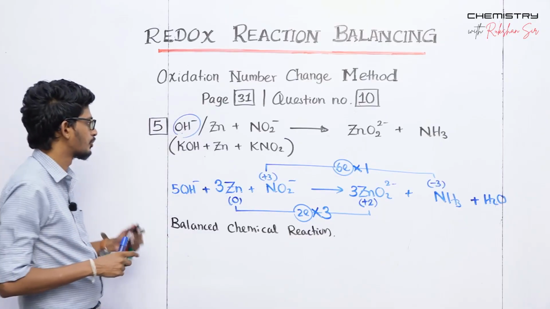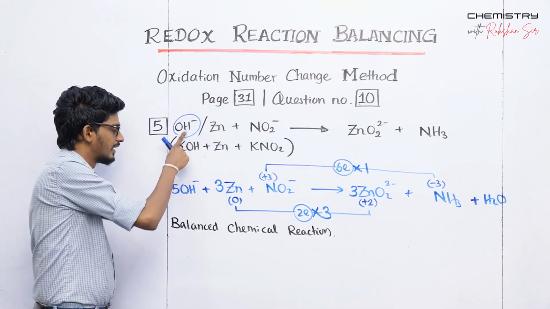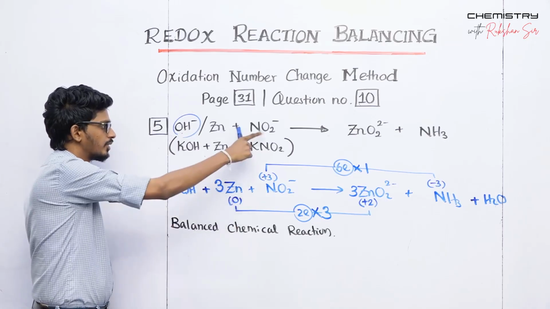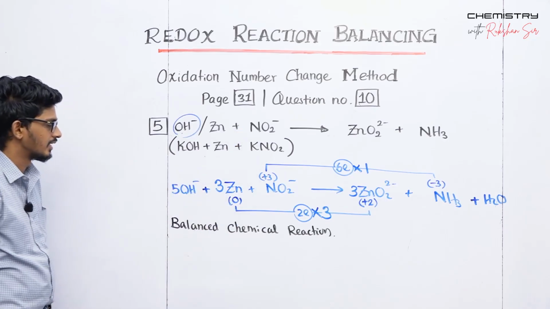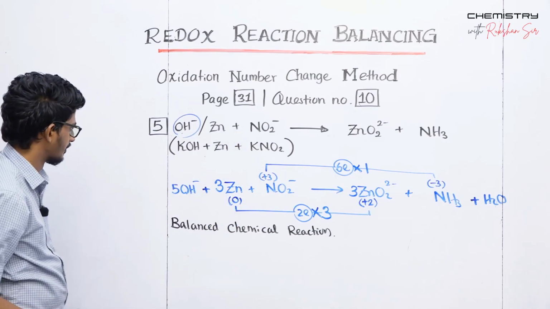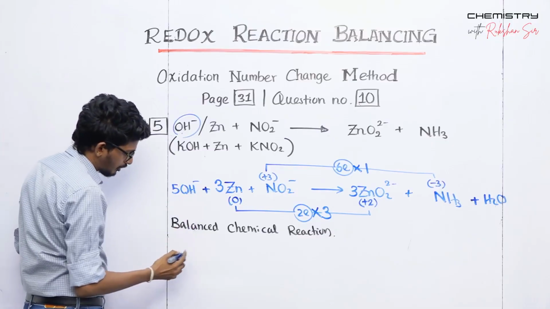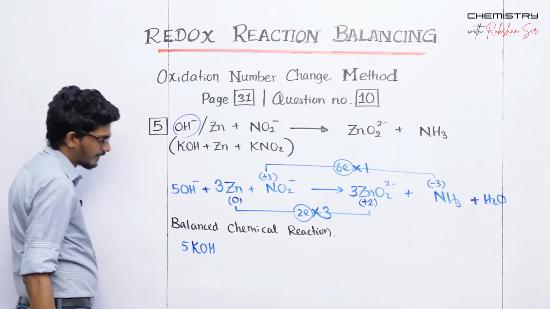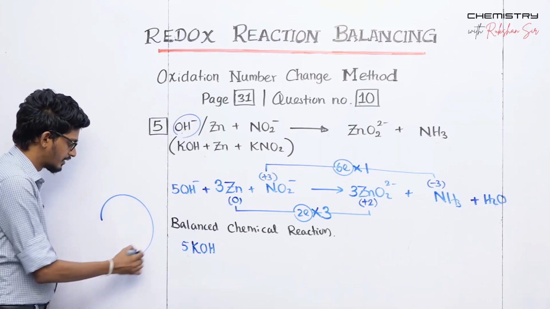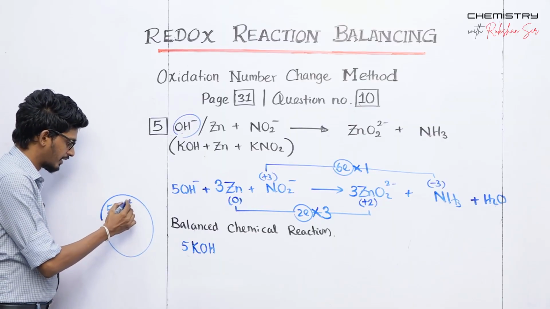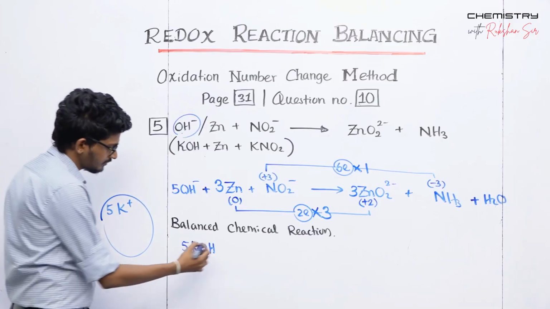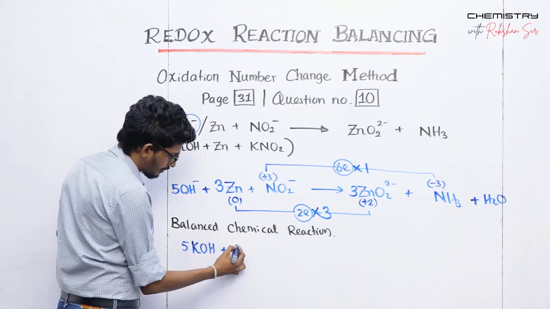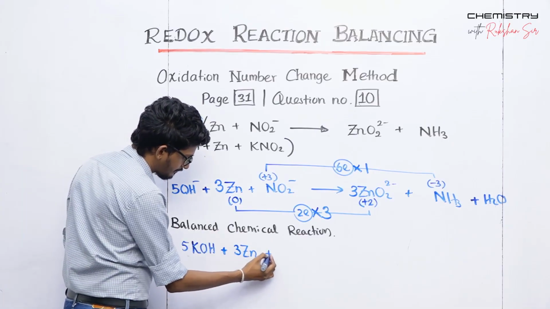Right. To provide the OH minus ions, they had given us the KOH. To provide the NO2 minus ions, they have given us the KNO2, right? Let's use them. So to provide 5 OH minus ions, you need 5 KOH, right? That means you have used 5 K pluses by hand, then 3 of zinc species available here.